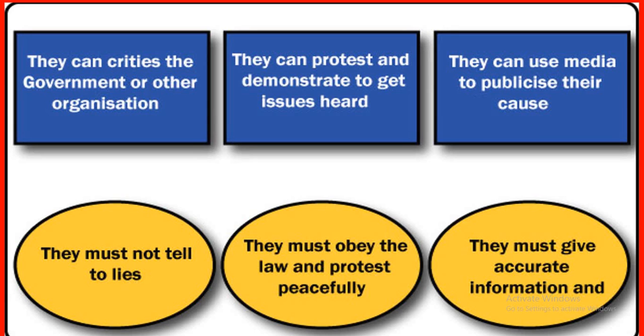They must not tell any lies against the government. If so, they will be arrested. They must obey the law and protest peacefully. That's what I told you. They should not disturb the society. So they must give accurate information and follow the rules. This is how the pressure groups work for the society, for the nation.